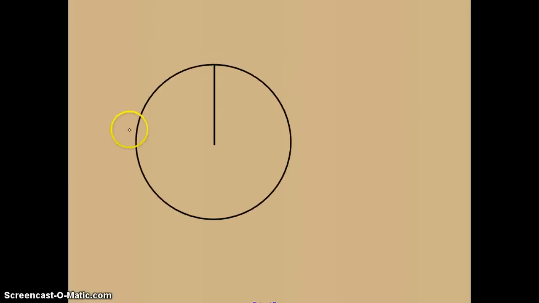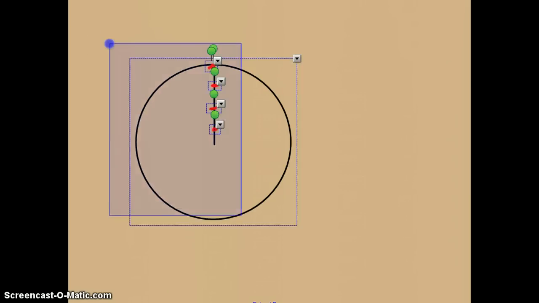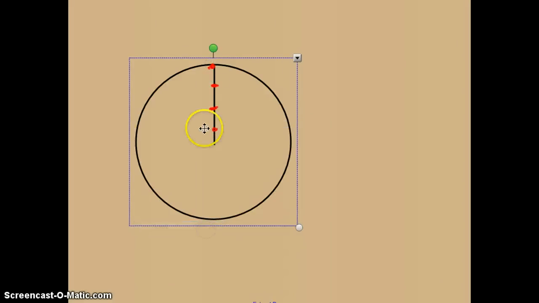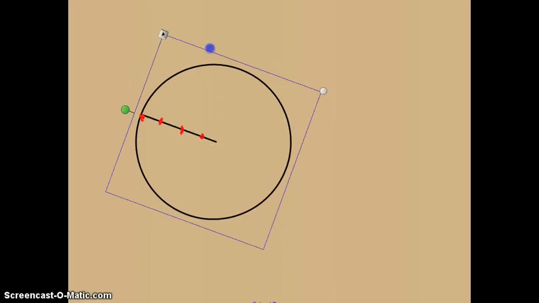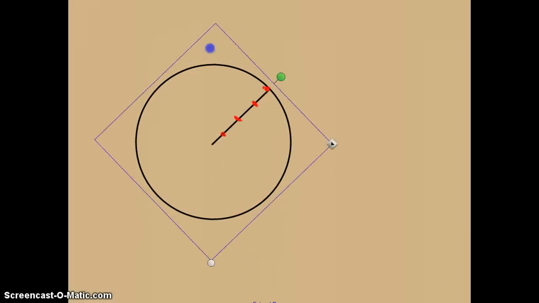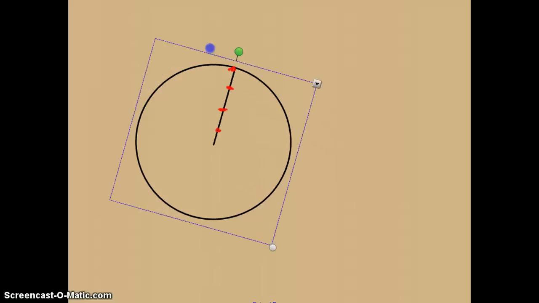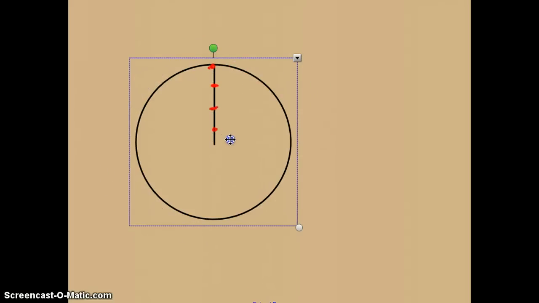If you take an object and put several different points on the circle, and let's group all these, if I turn it, they all turn and go around once at the same time. All points go back to the same place at the same time.